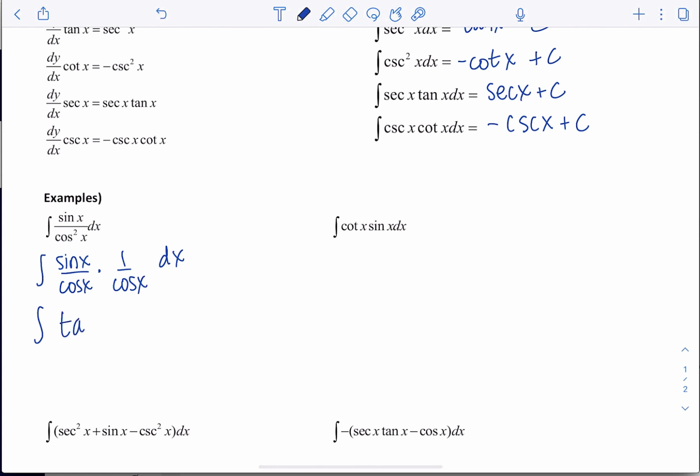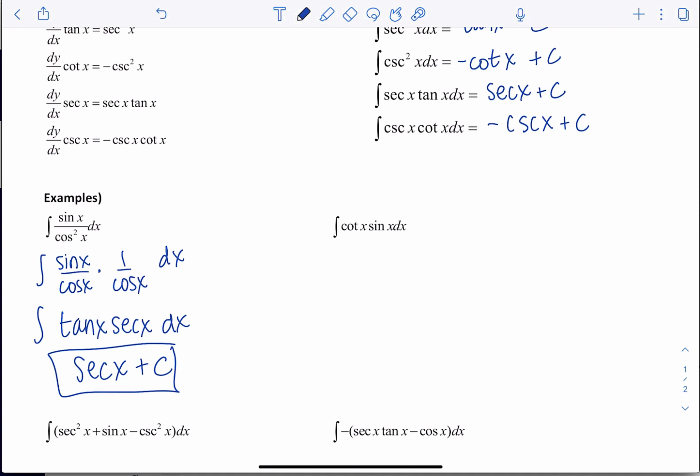The reason that's helpful is because that gives us a tangent x and a secant x, and that is one of our 6 rules. It's out of order, but in multiplication the order doesn't matter. So we know that the antiderivative of secant x tangent x is secant x plus c, and that's what we have for this antiderivative.